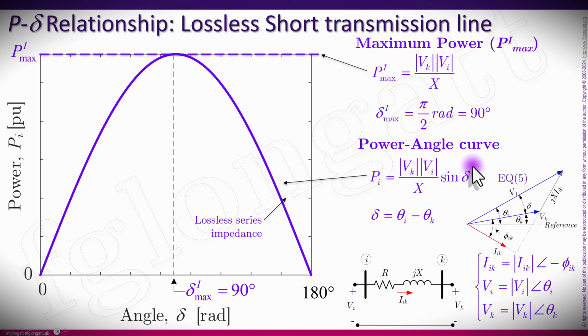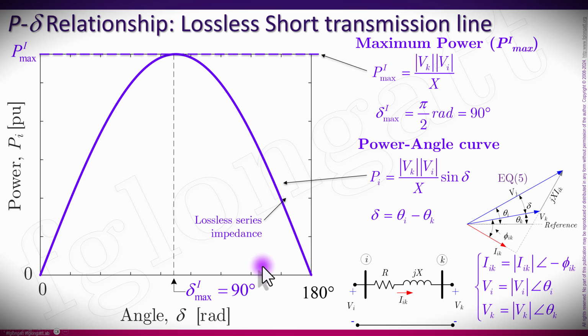So this equation number 5, assuming terminal voltage constant and the series reactance constant, has a very interesting behavior with the sine of the angle delta. And this is a trigonometric function that is creating this beautiful representation.